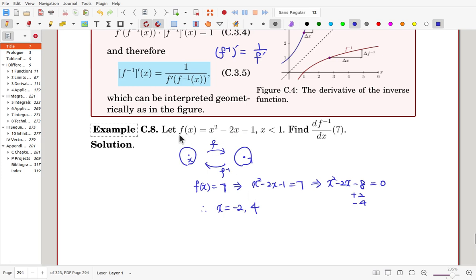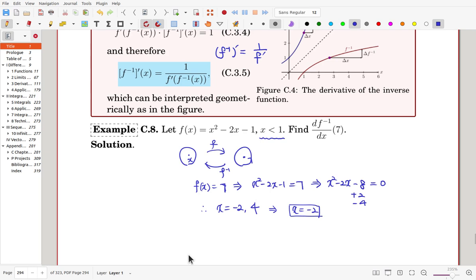But here, to have an inverse, it must be 1 to 1, so the domain is restricted along with that inequality. x must be smaller than 1. So from here, we can get x equal minus 2 only, right?